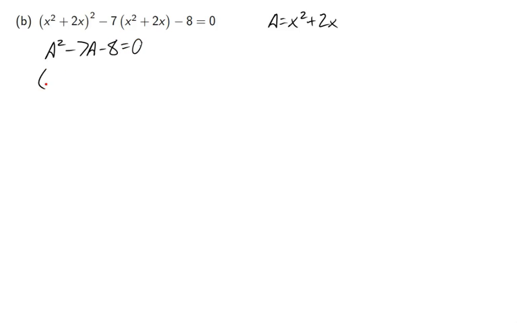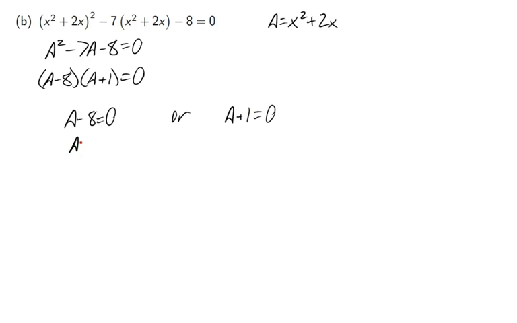Now just factor it. A minus 8 times a plus 1 equals 0. A minus 8 equals 0, or a plus 1 equals 0. So we get a equals 8, or a equals negative 1.